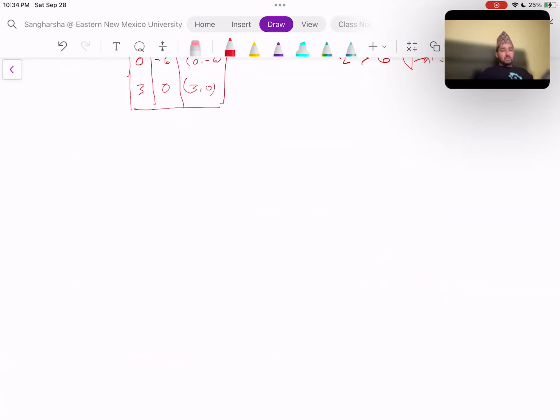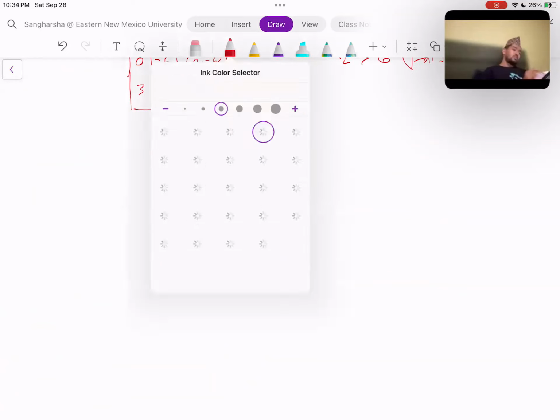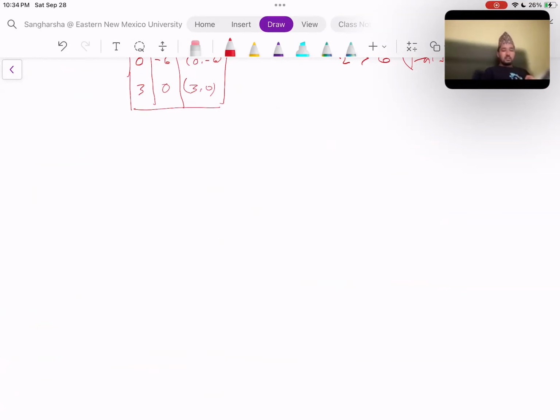And I will be solving one out of these: 15, 20, 23, 24. Do you want to pick one for me? Which number do you want? 23. Okay, let's go to number 23.